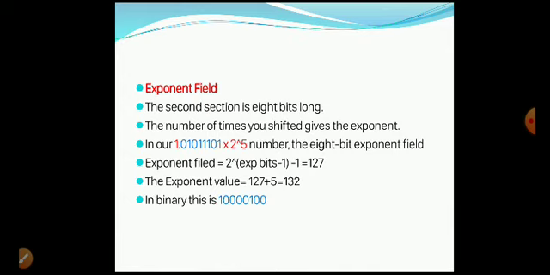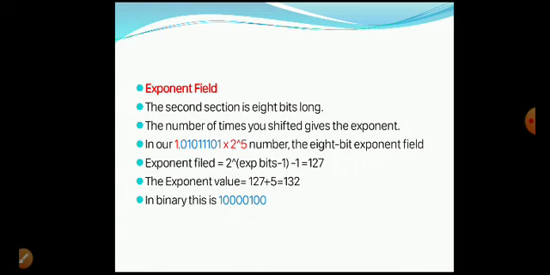Before moving to the next part, I would like to tell you about the 64-bit, that is the double precision format. Double precision format is nothing but 64 bits. The bias calculation for it is 2 to the power (the number of bits in the exponent field) minus 1.